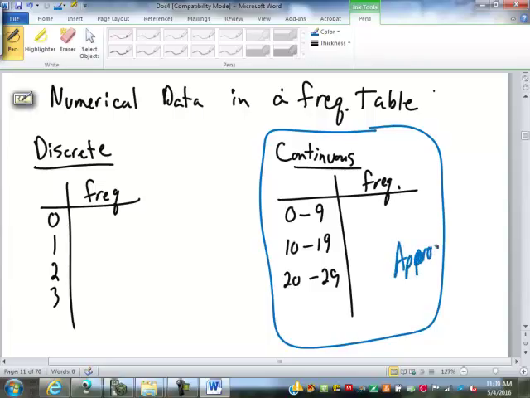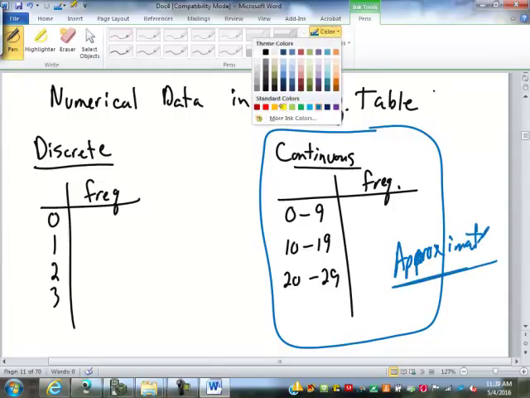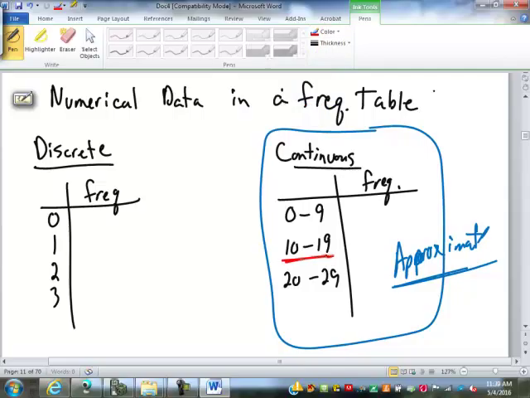The reason they're approximate is because this doesn't list individual values, it lists ranges. So we're working with ranges of values instead of individual values. When you work with that continuous frequency table, you have to find the midpoint of each range and use that to approximate it. So we're not going to do that as part of this course.